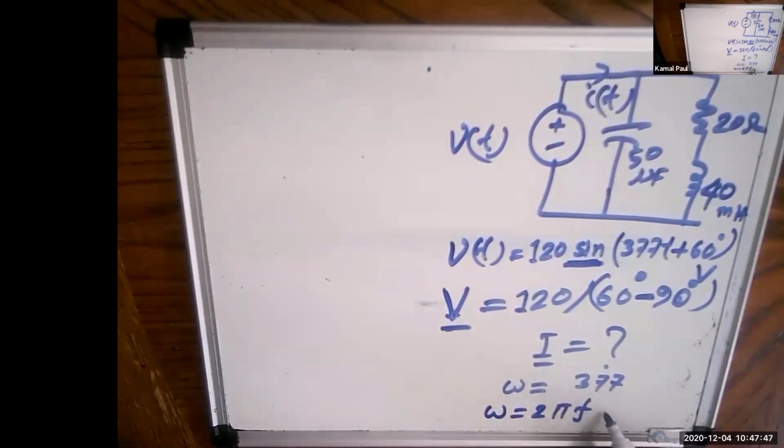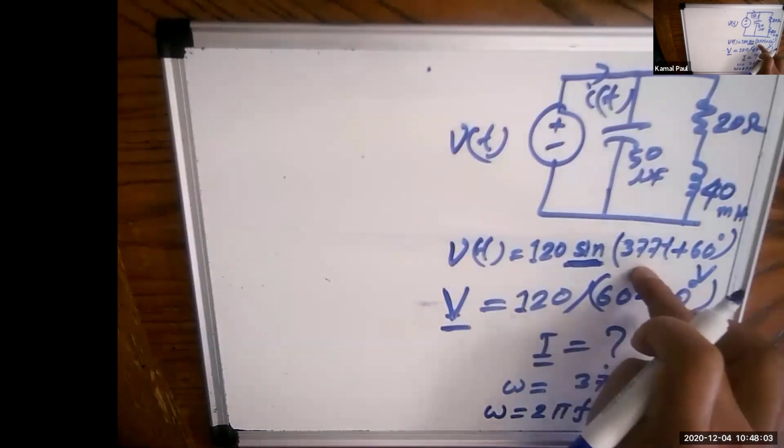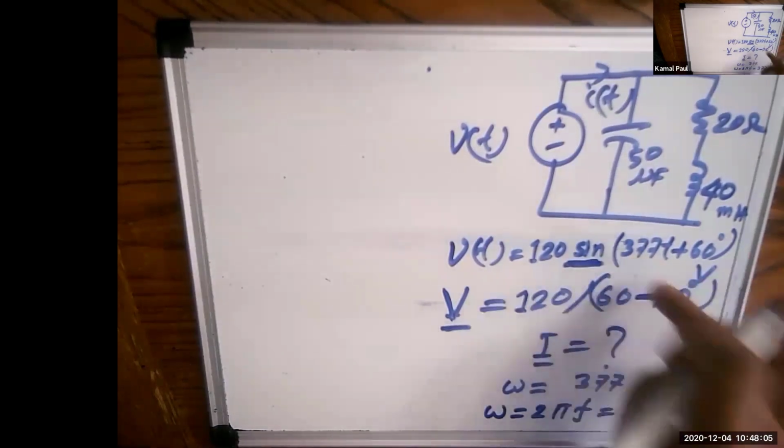So it is equal to 377. Omega equals twice pi f, so 377 is your omega, right?